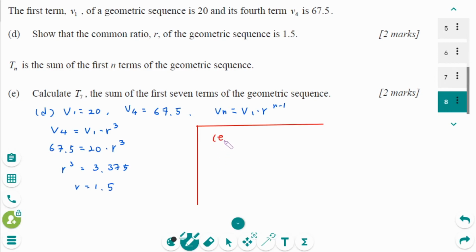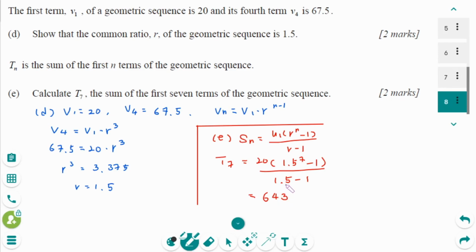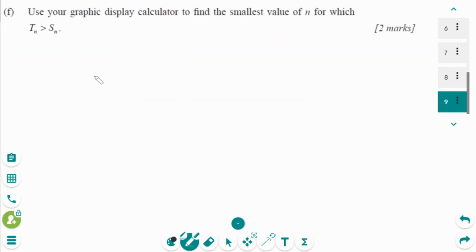Number E, the formula Sn equals U1 times r to the power of n minus 1 over r minus 1. So T7 equals 20 times 1.5 to the power of 7 minus 1 over 1.5 minus 1. The final answer is 643. Number F, Tn is greater than Sn.